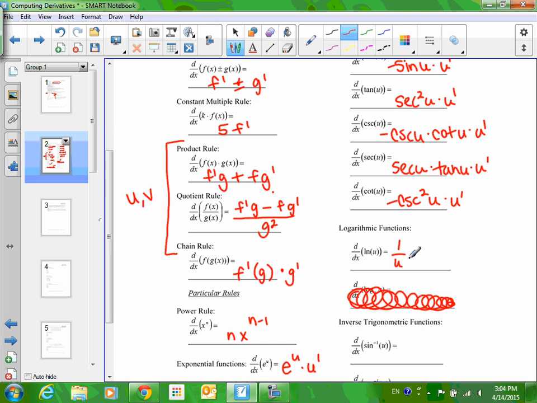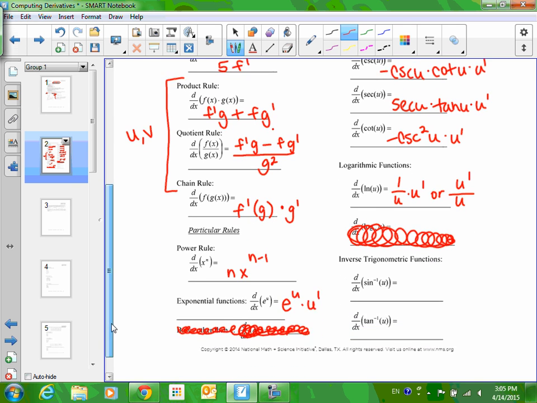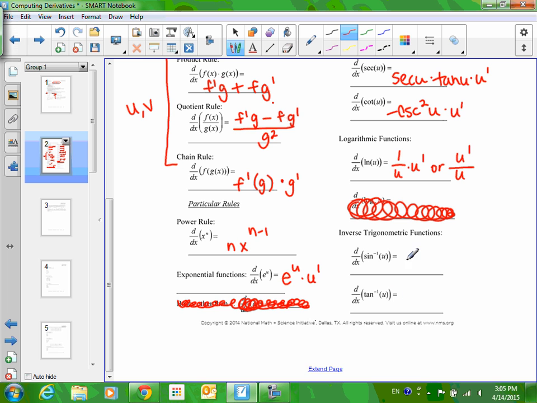What about the derivative of natural log? It's 1 over u times u prime, or you may be more used to seeing it as u prime over u. They mean the same thing, whether you're going times u prime or putting u prime in the top. Okay, inverse trig. These were the last derivatives that we learned. We talked about it in December, but you may or may not remember this.